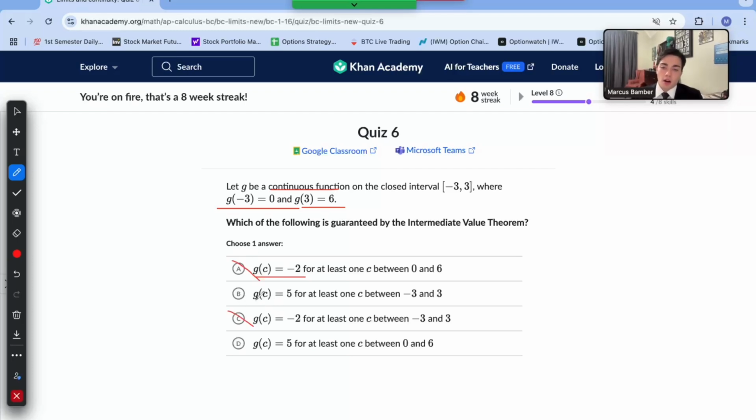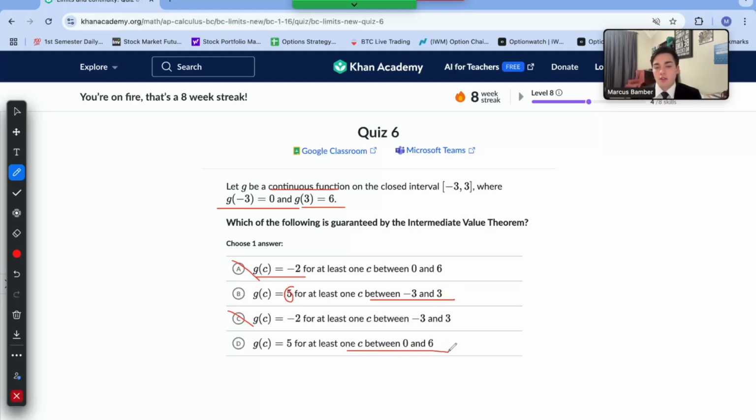Now for answer choice C, we have two of them where our y value is equal to 5, or in this case it would be our g value, c would be x here. Oh, no, it would just be our y value here. C just represents an x value, my bad. Okay, so 5 is legitimate since 5 is in between 0 and 6. For at least one c between -3 and +3.